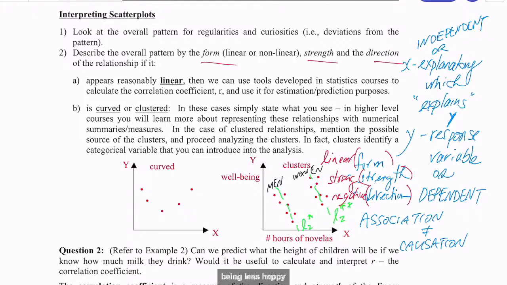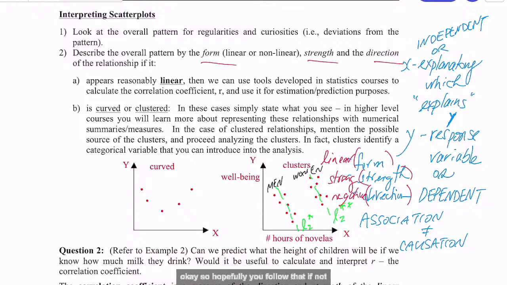Like I said, it could be people who are unemployed. They have nothing to do. They're alone, isolated, sick. So the hours of novellas acts like a proxy for picking up a general sense of well-being, without having information on anything else.